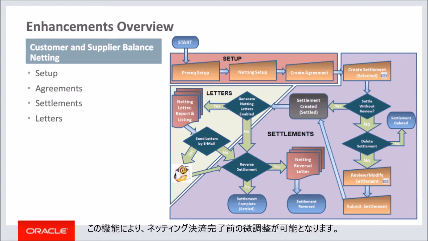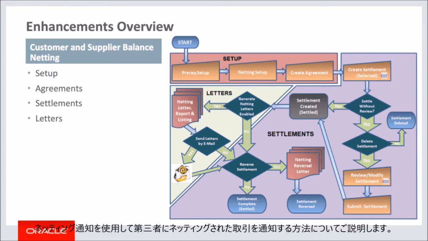The functionality allows you to fine-tune netting settlements prior to completion. In this presentation, we will cover the prerequisite setup, how to define netting agreements, creating and managing settlements, and finally, how to inform your third parties of netted transactions via netting letters.